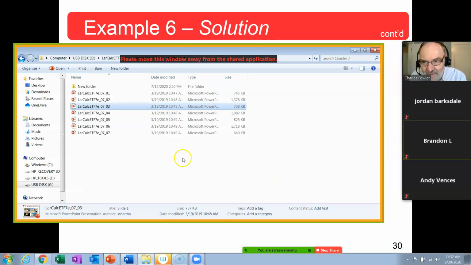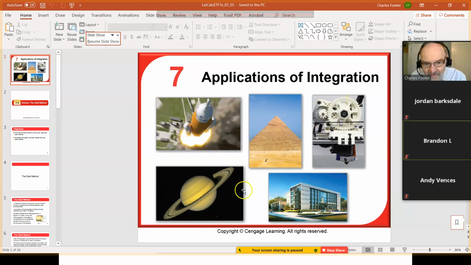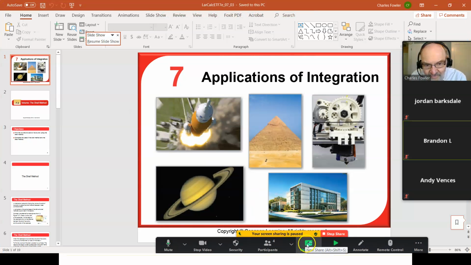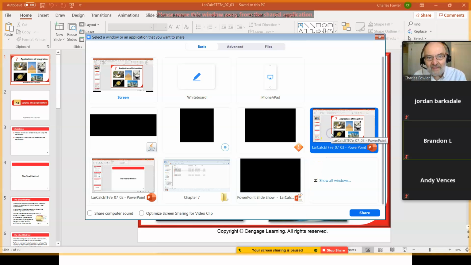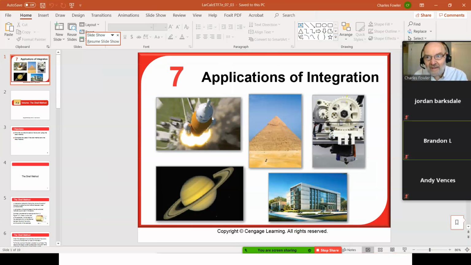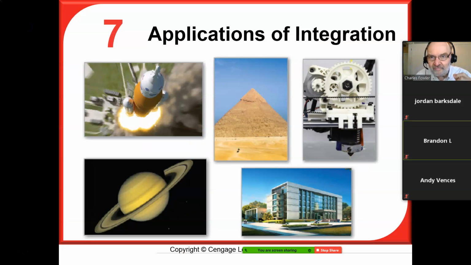I don't think so, but I'll get it up this way. All right. Now let's do a new share on that one. Yeah, here we go. All right. Let me get from current slide.